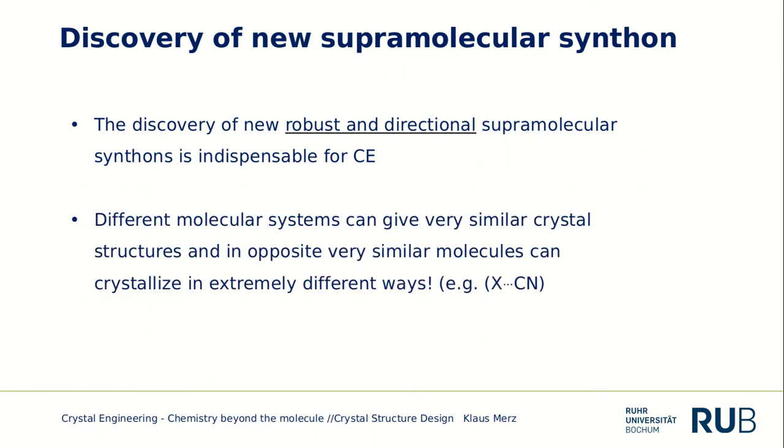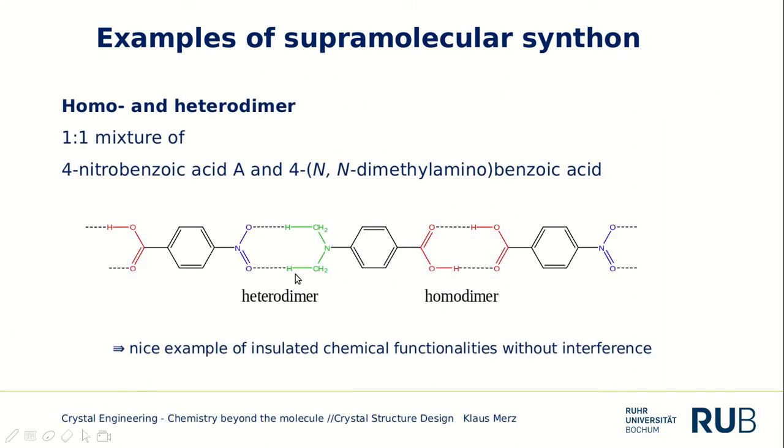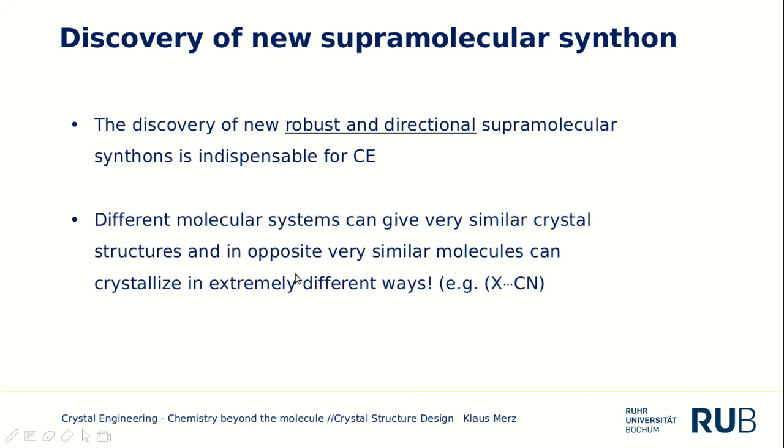You know, for example, we have shown in the past, going back here, talking of an iodine nitro synthon. This is very important. In this case, directional. When you look at a substitution pattern, different molecular systems can give very similar crystal structures.